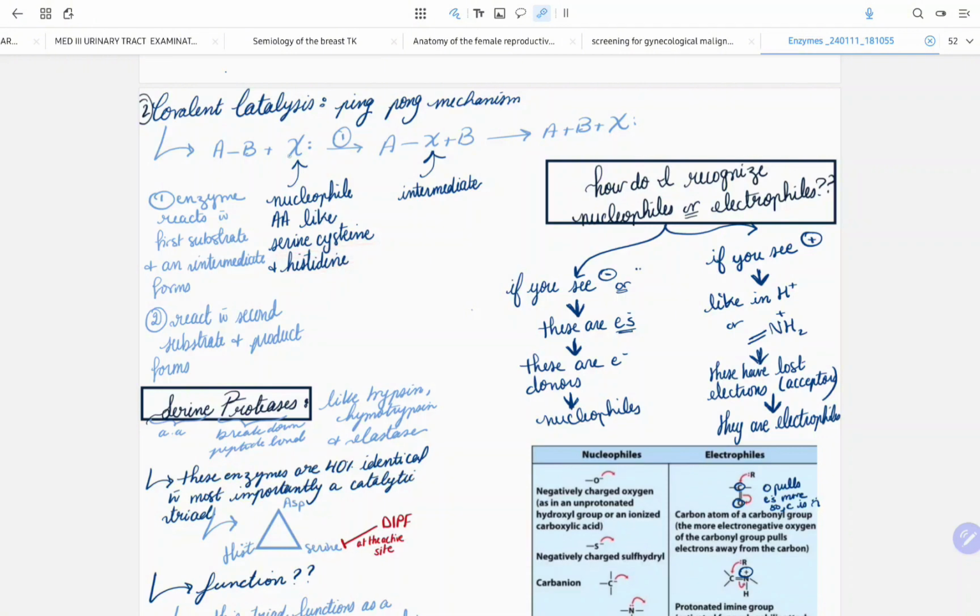So a transient covalent bond is gonna form between the substrate and this, and it's gonna form this intermediate right here.